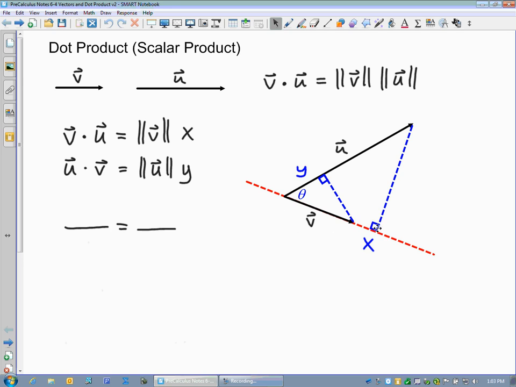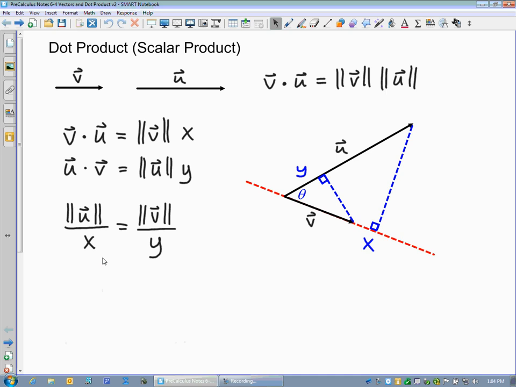And looking at the large triangle first, I'm going to say the hypotenuse of the large triangle, which is the magnitude of u, is to the short side of the large triangle, which is x, as the hypotenuse of the small triangle, which is magnitude of v, is to the short side of the small triangle, which is y.